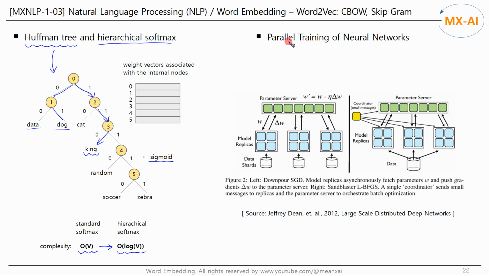The next key point is parallel training of neural networks. To train models on huge datasets, the authors implemented several models on top of a large-scale distributed framework called DistBelief. This allows us to run multiple replicas of the same model in parallel, and each replica synchronizes its gradient updates through a centralized server that keeps all the parameters.